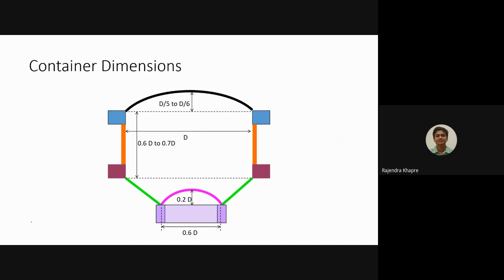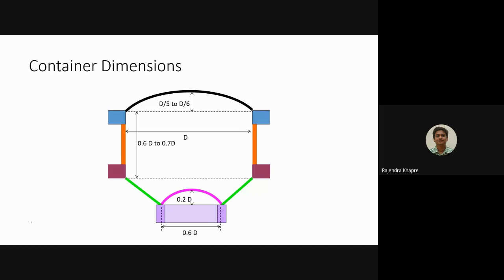So usually the container shape is like this. We have a dome at the top which is covering the container. Then this dome is supported by the top ring beam, and then we have a cylindrical wall which is generally supported by the bottom ring beam, and then there is a conical dome, and then there is a bottom dome which is basically supporting the water.